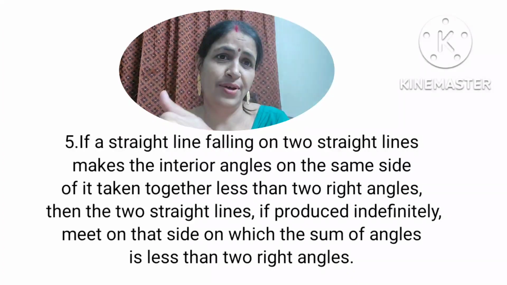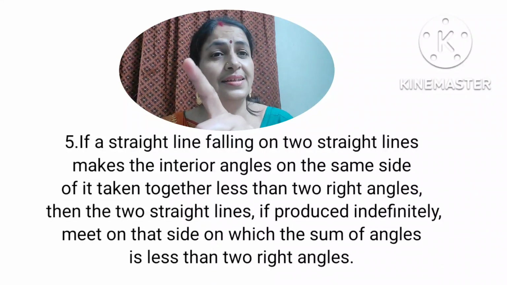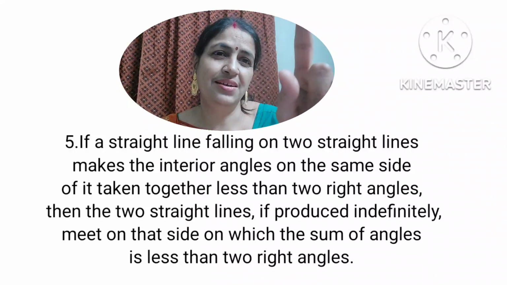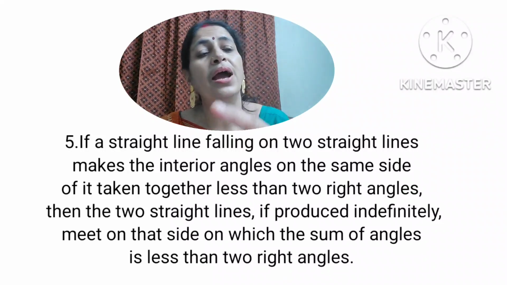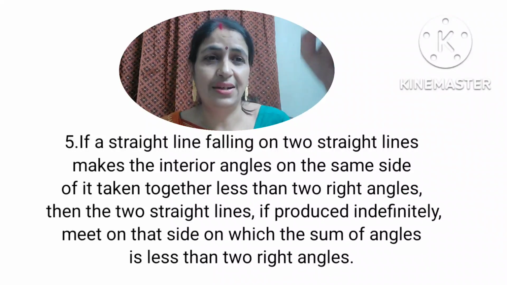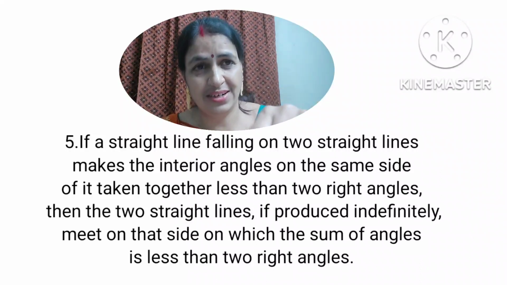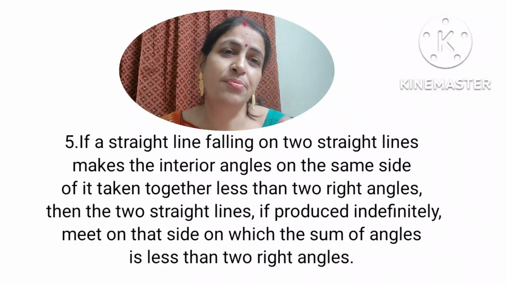If a straight line falls on two straight lines, one straight line falling on them, and these straight lines are not parallel, this may be curved or any type of straight line. Two straight lines and one straight line falling on them make interior angles on the same side.